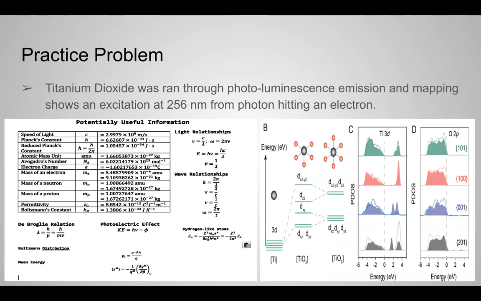These are the potential information that can be used in order to solve these problems. And the diagram on option B will be used in order to do part A of the problem, because without this, it's honestly very hard to do.